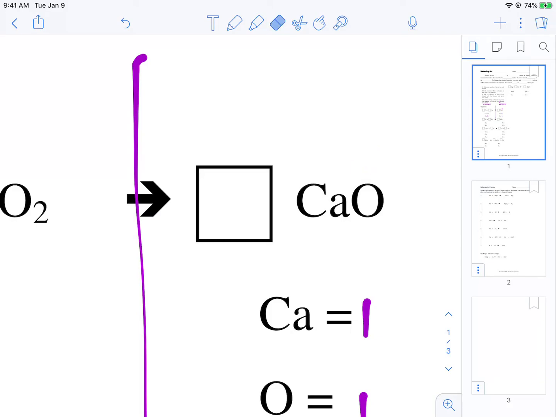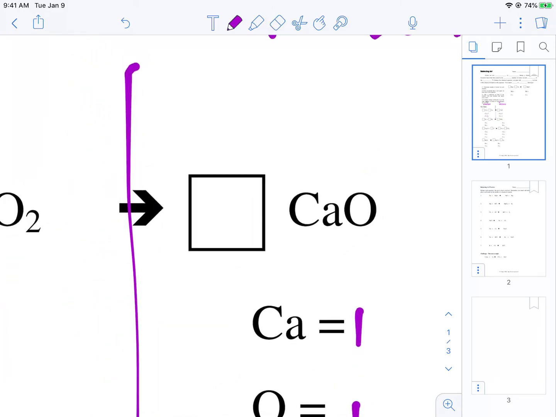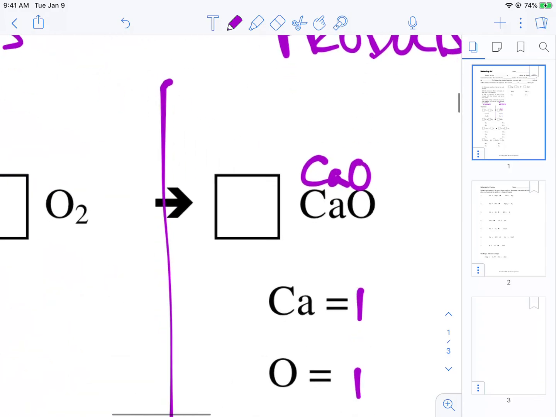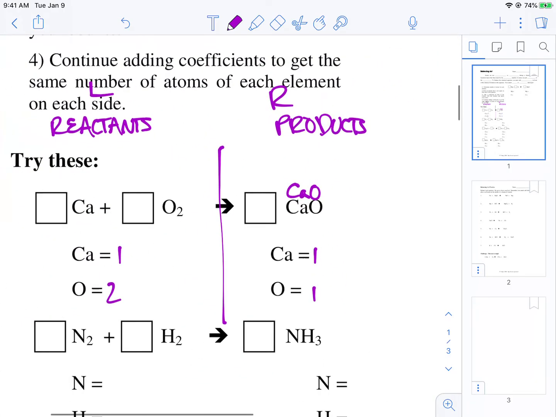The only way you can get more oxygen on this side is to add it the way it's attached. If it's attached to a calcium, you have to add it with the calcium. So long story short, however the compound is written, you can add more of it, but you can't just add individual elements. Okay? So I add a CaO, and now I have two oxygens because I have one, two.